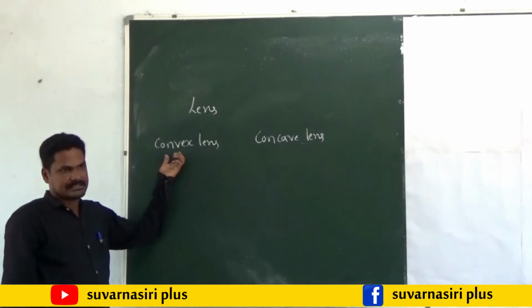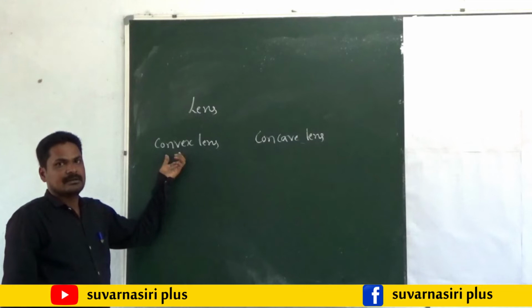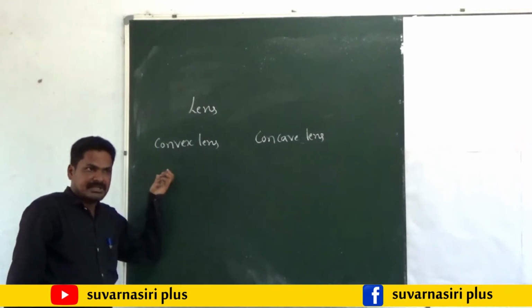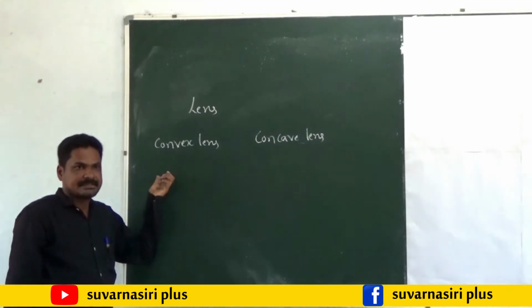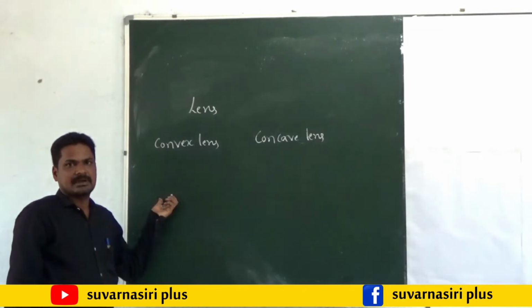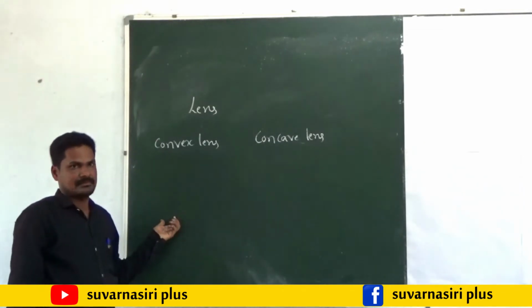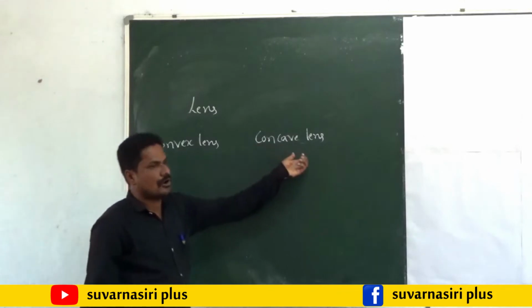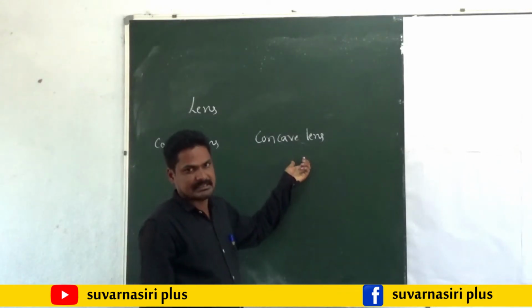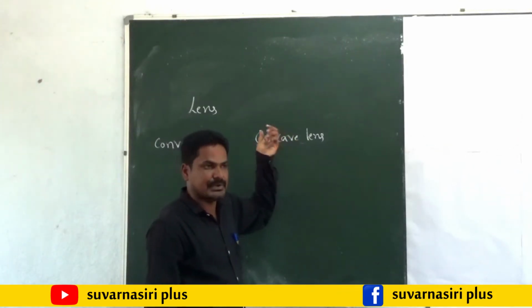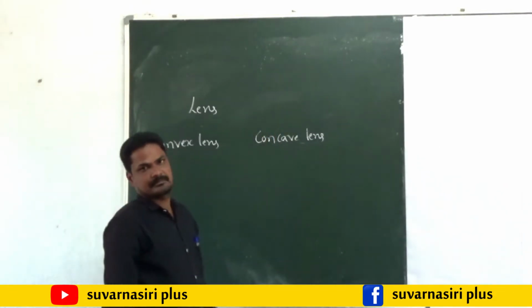So convex lens can produce diminished image, same size image, and enlarged image. But in the case of concave, it can produce only diminished image.